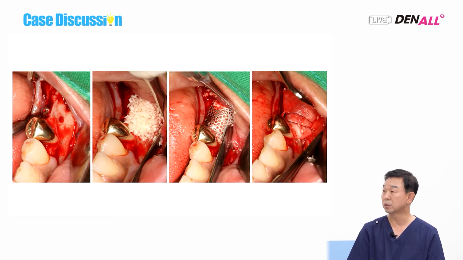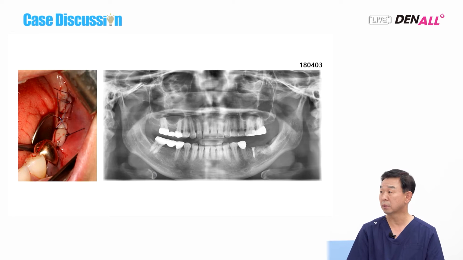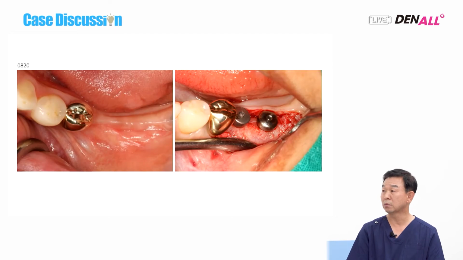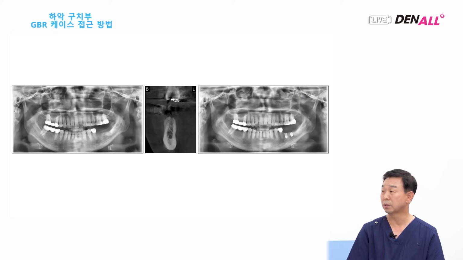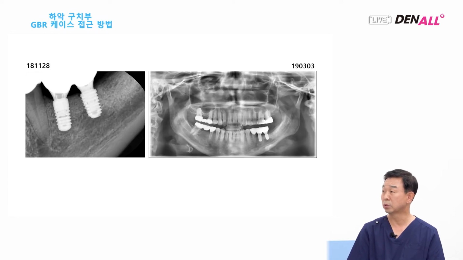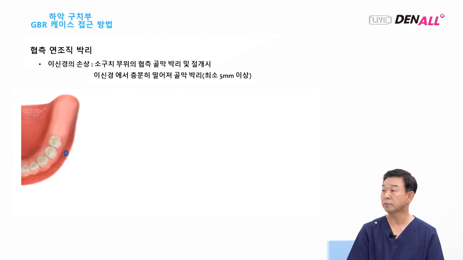In this bone grafting procedure, which is not very difficult to do, about 5 months have passed, and implants can be easily placed. Final prosthesis. Especially in the lower posterior region, to do successful GBR, most importantly, soft tissue should be dissected properly.